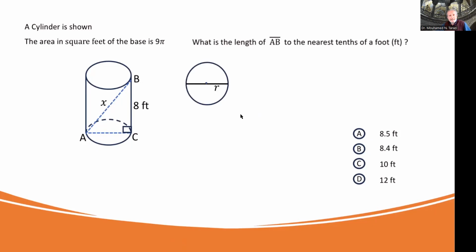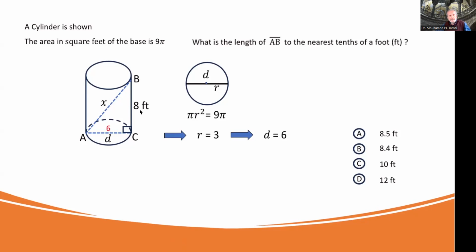So this is my base. It's a circle. This is the radius, diameter, and the area of a circle is pi r squared. It's given to me being 9 pi. So now you simplify here and you get r equal to 3. So the diameter is 6.